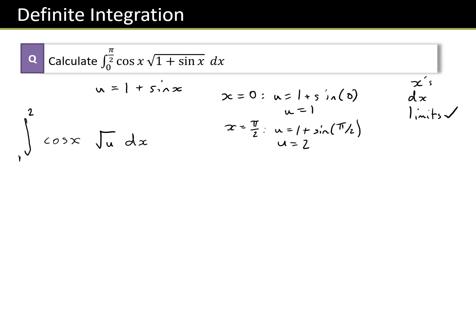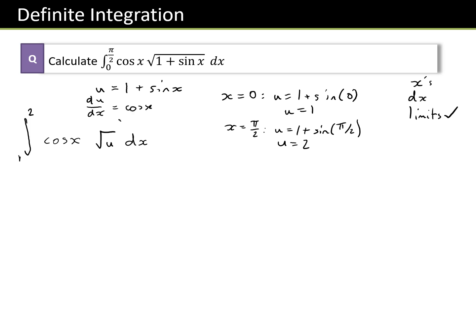We haven't swapped all of the x's yet, and we haven't swapped the dx. So let's focus on the dx next, because the cos x isn't easy. So to swap dx, differentiate your substitution equation. So du by dx equals cos x.